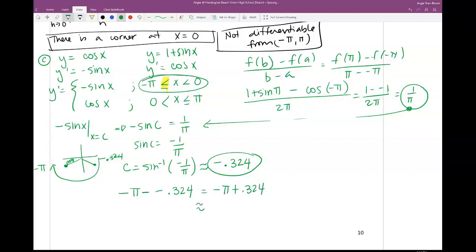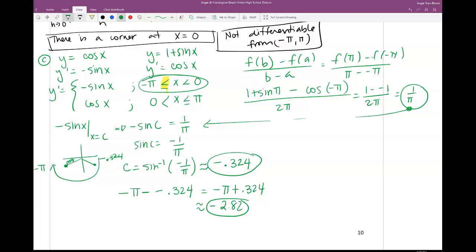When I punch that in the calculator, I should have a little bit less than 3.14, so it's going to be negative 2.82. So those are the two spots. Make sure we understand why that is.